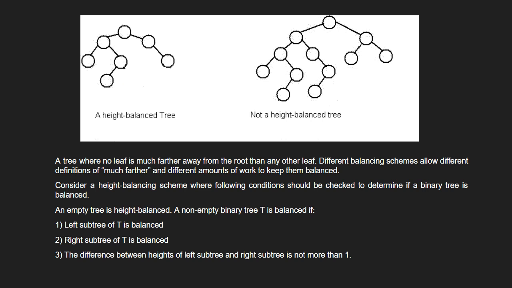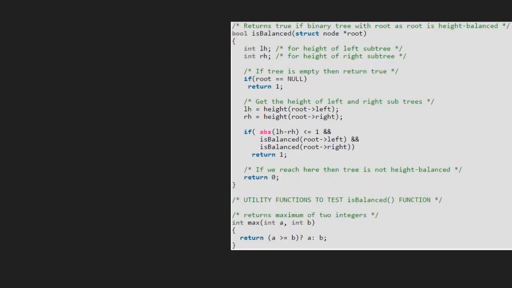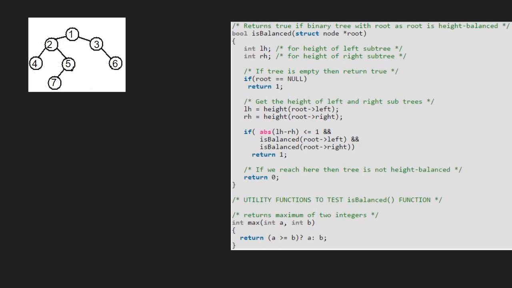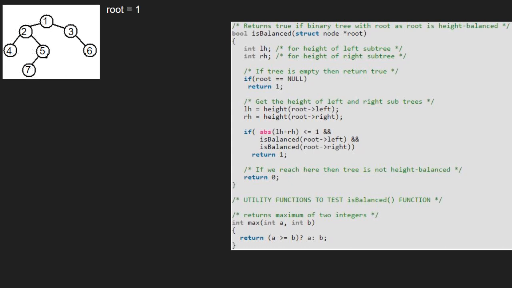Now, let us have a look at the algorithm. Let us also have a sample tree to test our algorithm. We pass the root node which is 1 to the function isBalanced, so root will point to 1. We take two variables LH and RH to store the height of the left and right subtrees.